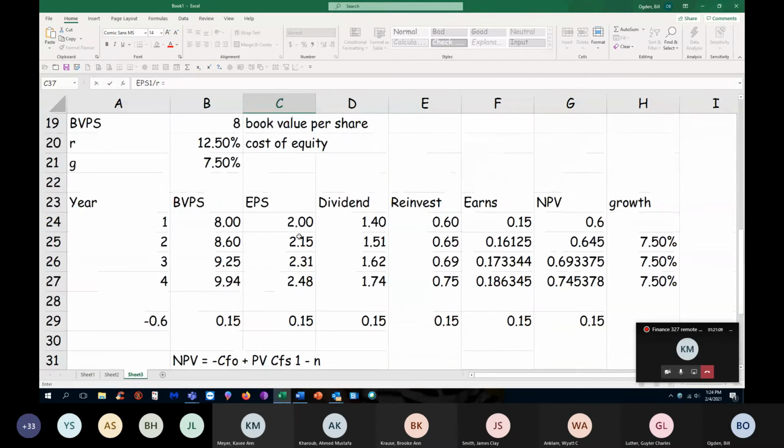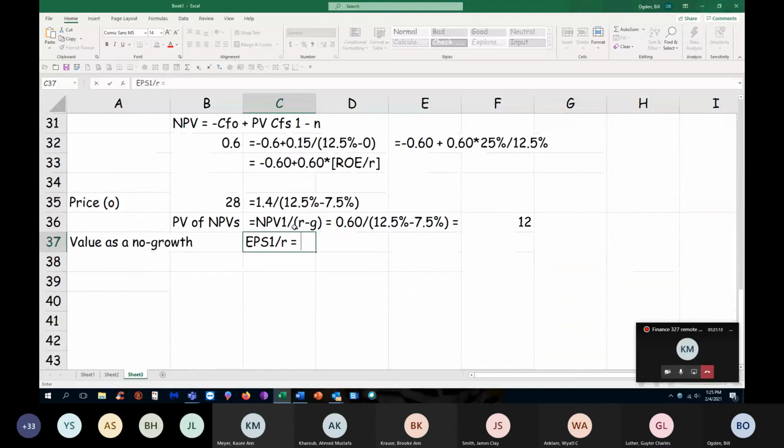Just look right up here. That's the $2, right? Year 1 EPS. Divided by 12.5%. And those of you who remember your fractions, 12.5% is the same as an eighth, isn't it? So if you divide 2 by an eighth, you must get $16.